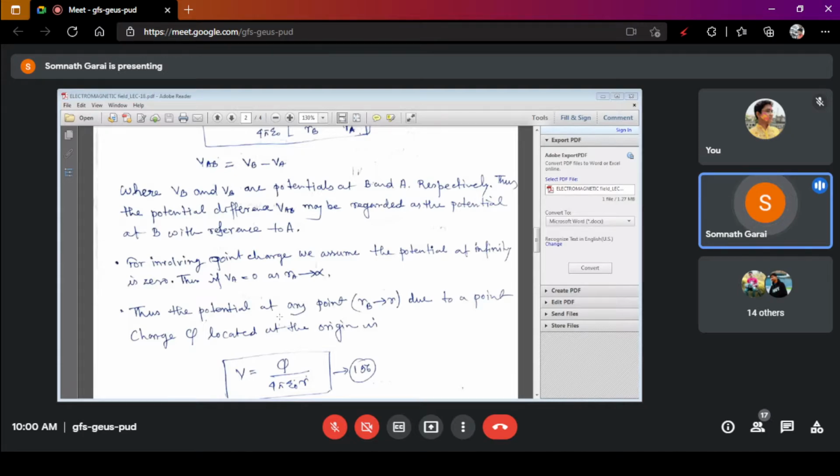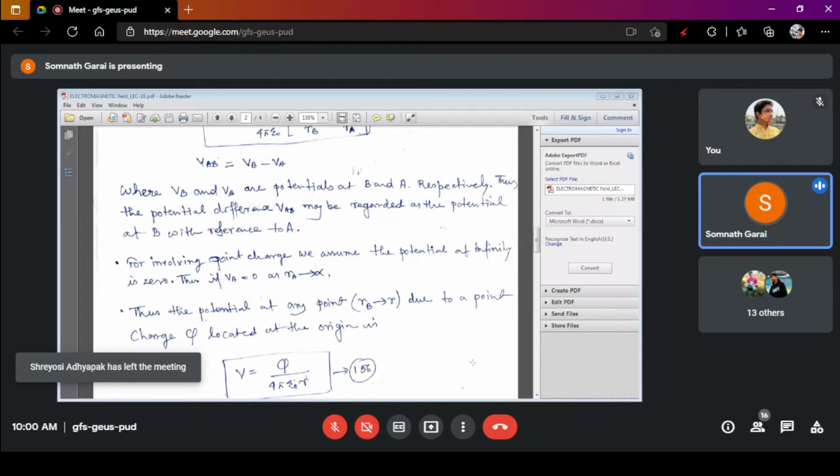So that's the potential at any point where RB tends to r, and RA tends to infinity. Why do we take RA tends to infinity? Because we know that the potential at infinite distance is equal to 0.